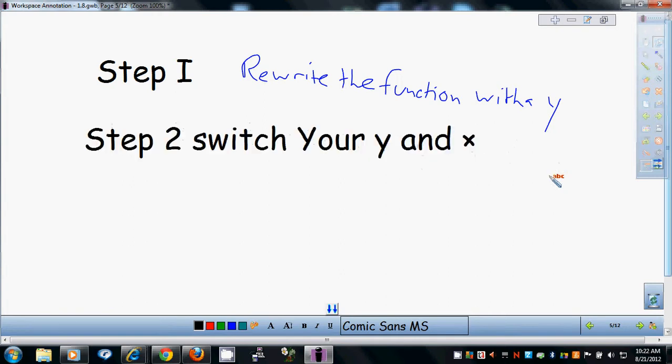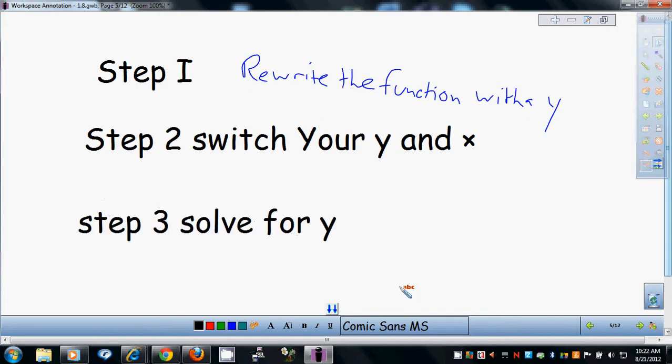I'll show an example of this in a second. Yep, switch your y and x. And step 3: solve for y. It's a 3-step process, and I'll show you one in a sec.